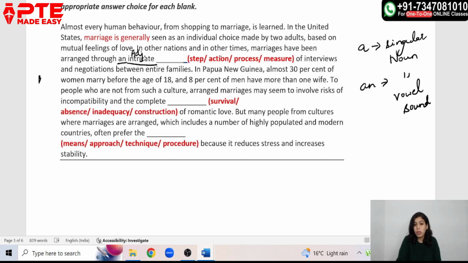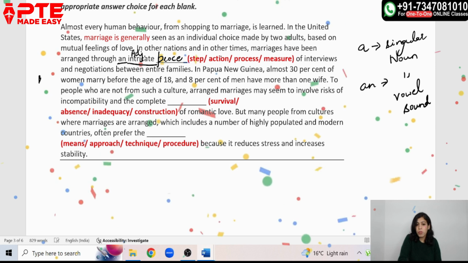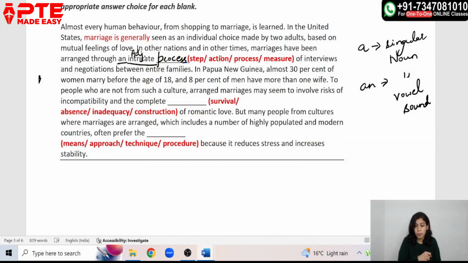Now, it cannot be step. Marriages have been arranged through an intricate step? Only one step, no. Action, no. Intricate step of interviews, no. Intricate action of interviews, no. Process of interviews. Yes. So the correct answer here is process of interviews.